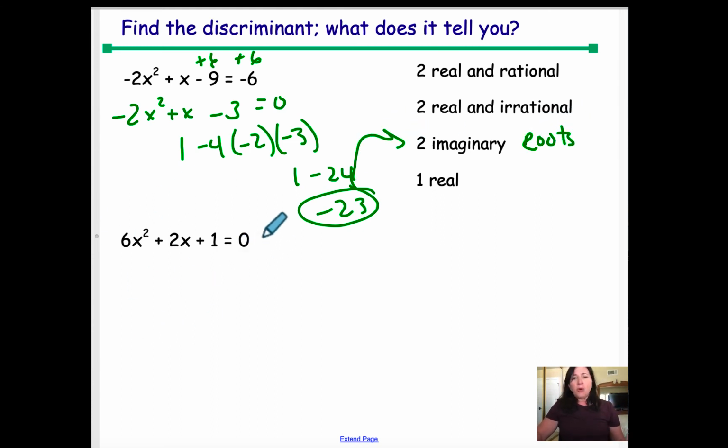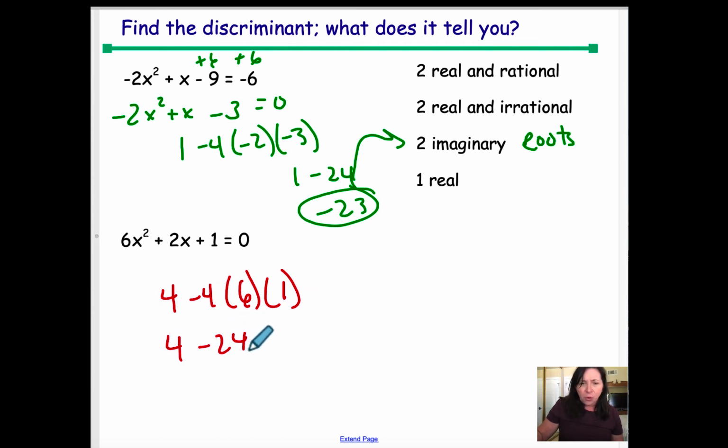For this problem, already set equal to 0, I'm going to go b squared, so that's 4, minus 4 times a times c. So that's 4 minus 24, again negative, again imaginary. So let's make this a different problem. Let's make this actually a negative one, because I just want to talk to you about what that would mean.